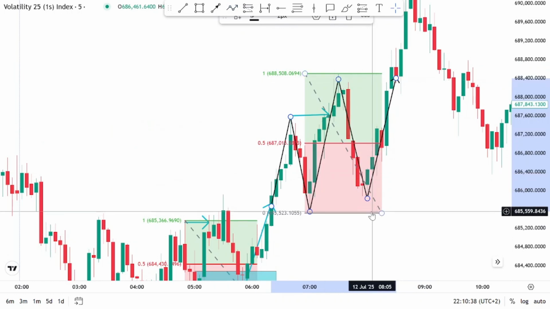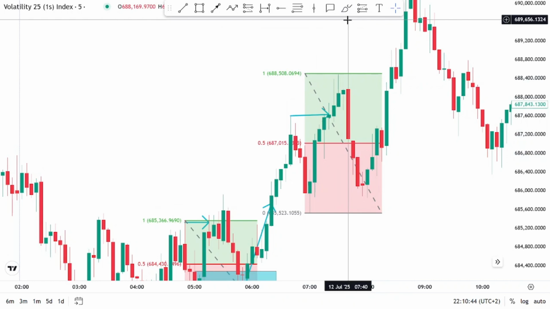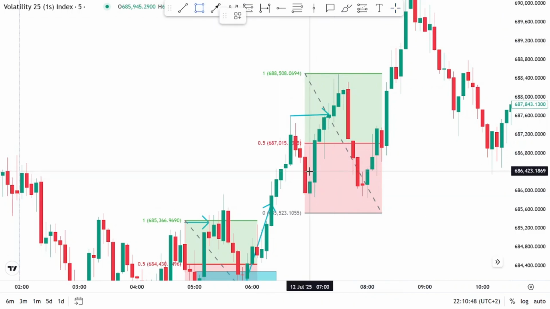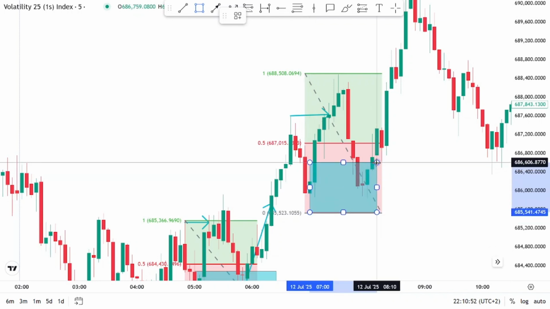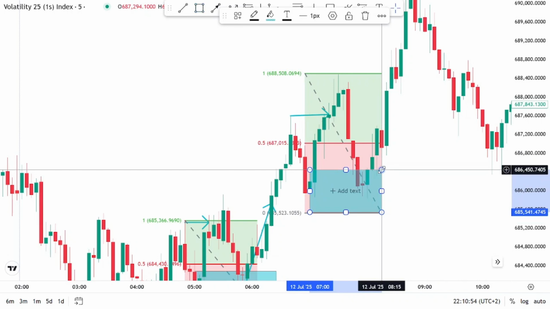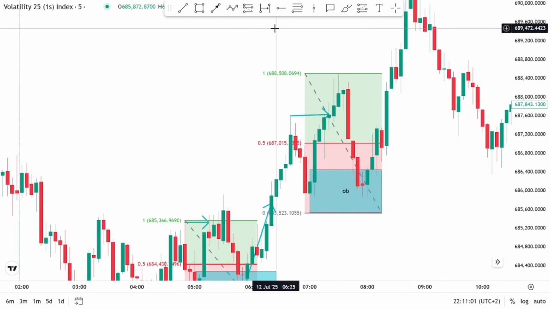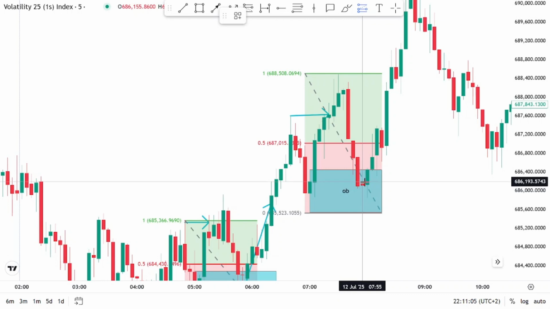Where the price mitigated, we have our order block. So the order block starts from here right up to here. This is our order block, and then we buy here at a discounted level.